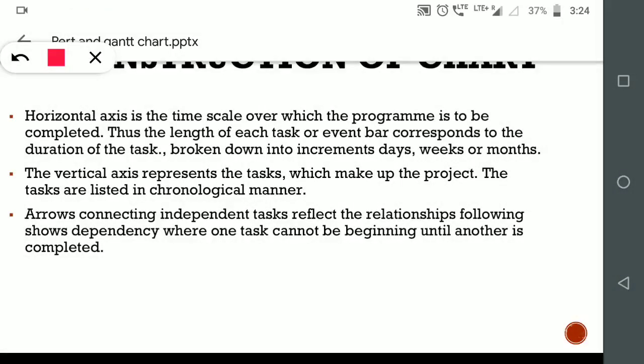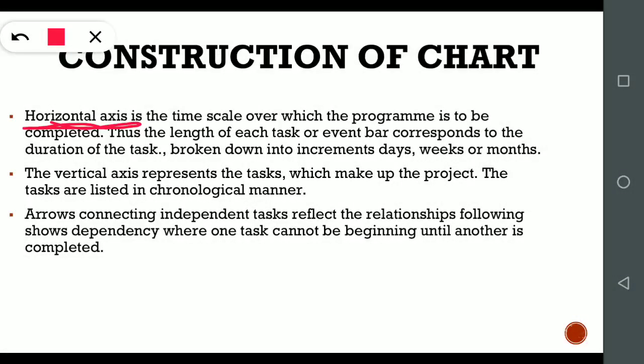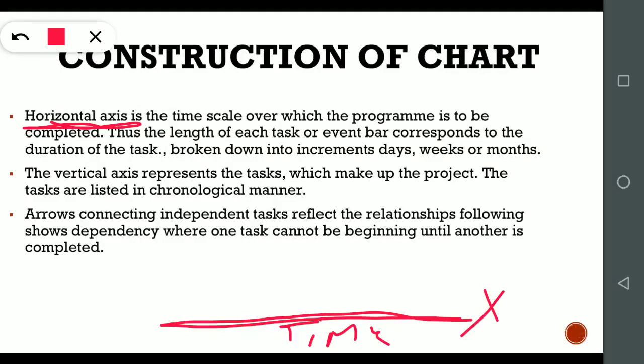Firstly, it is the horizontal axis. Horizontal axis is like this. It shows the time. So your x-axis will show the time over which the program is to be completed. Thus the length of each task or event bar corresponds to the duration of the task.